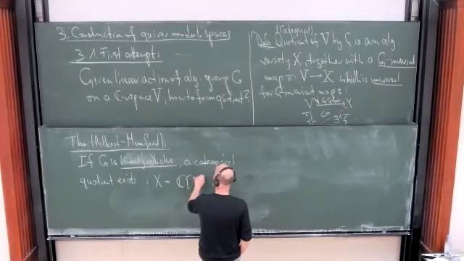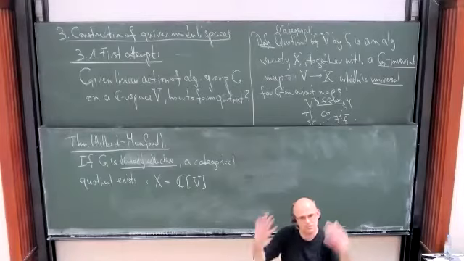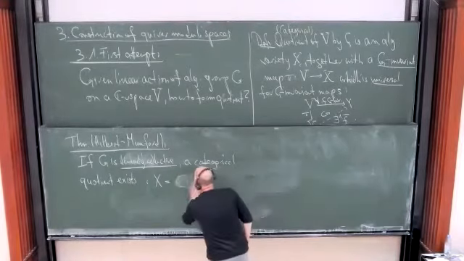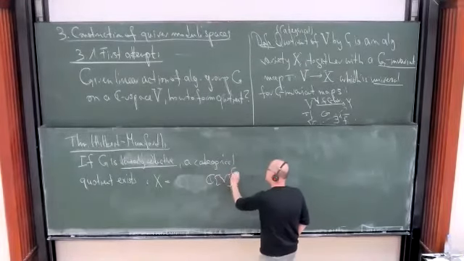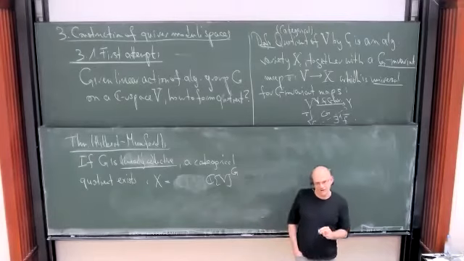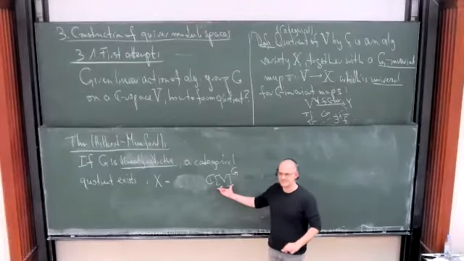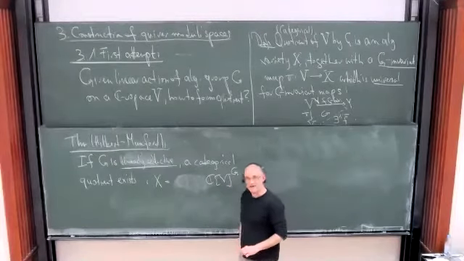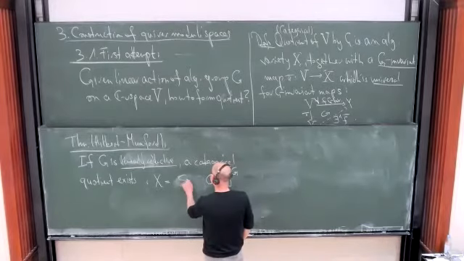Take the coordinate ring of the vector space V. So just polynomial functions on V. And take all the polynomial functions on V, take the G invariant polynomial functions. Now the great thing is, this is a finitely generated algebra again, so it qualifies as the coordinate ring of an affine variety, so we can take its spec.